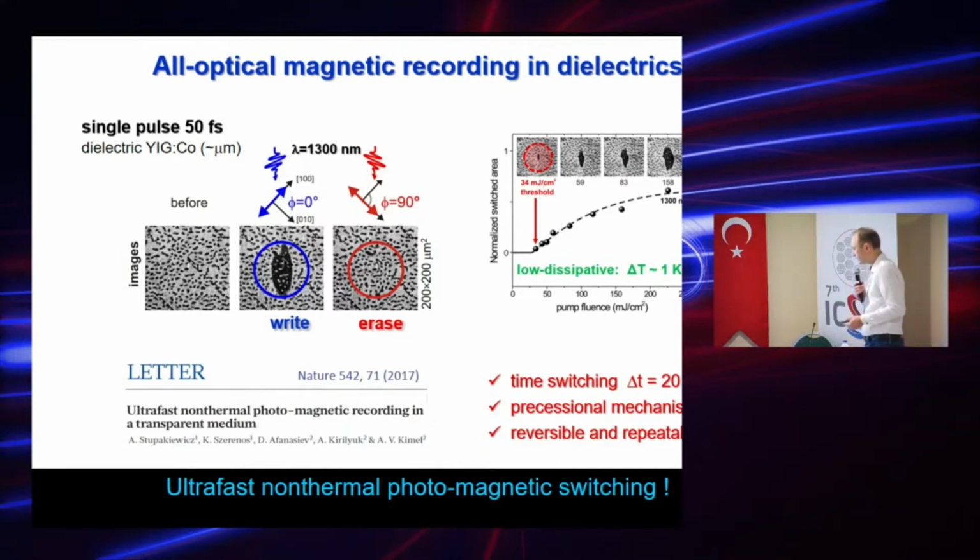This effect is based on induced magnetic anisotropy due to the photomagnetic effect, and the switching time in our case was demonstrated to be close to 20 picoseconds, by the precession motion of the magnetization.